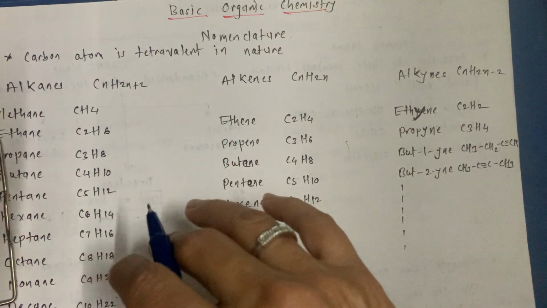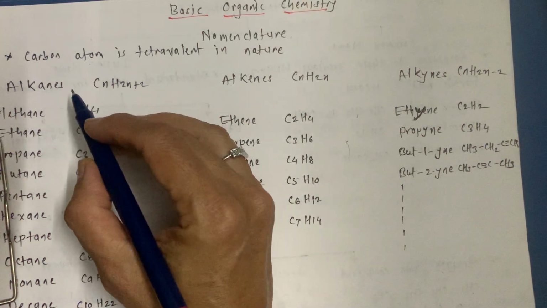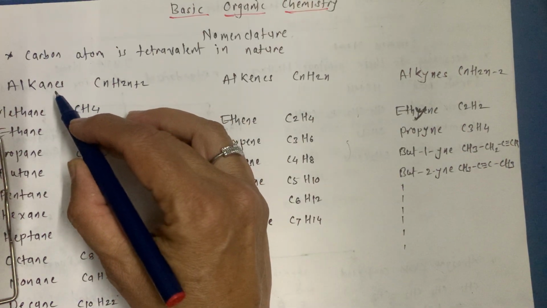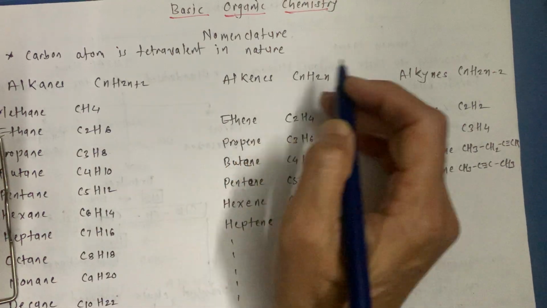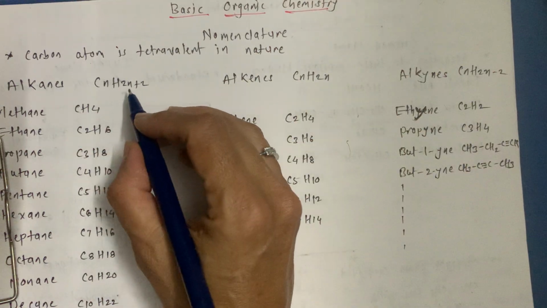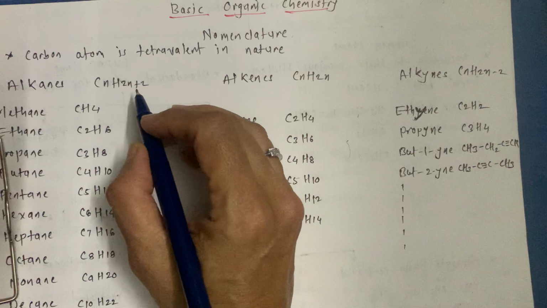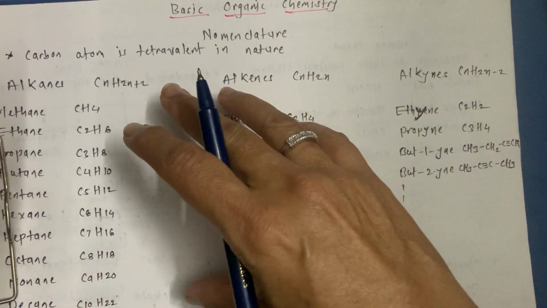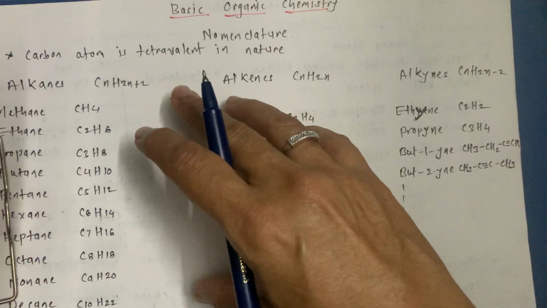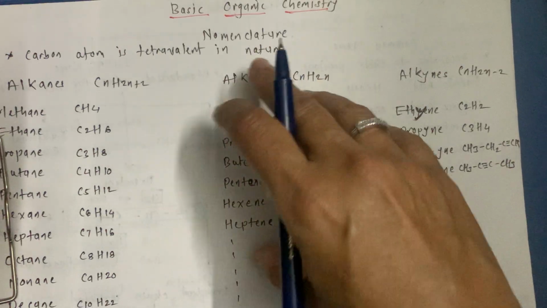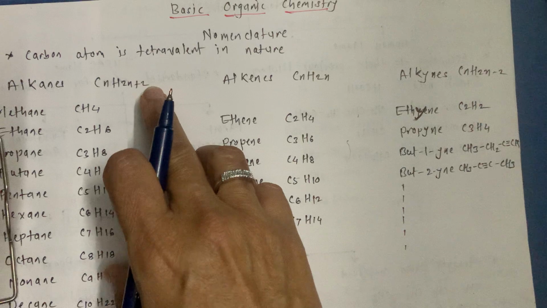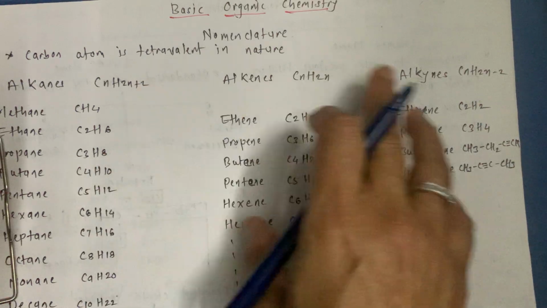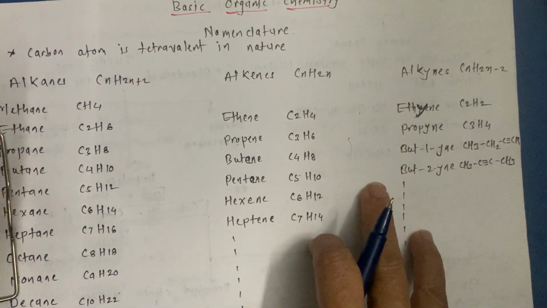Here we are going to recap what we mean by alkanes, alkenes and alkynes. All these things we studied in 10th as well as 11th standard, but as there is a long gap between 11th and 12th standard, I feel it is necessary to revise the 11th standard syllabus.